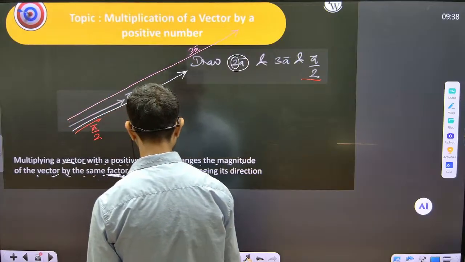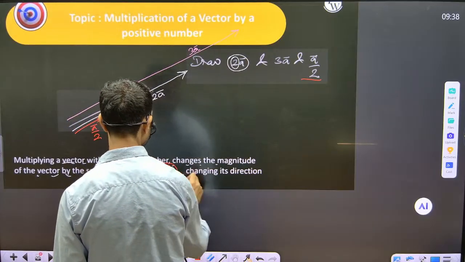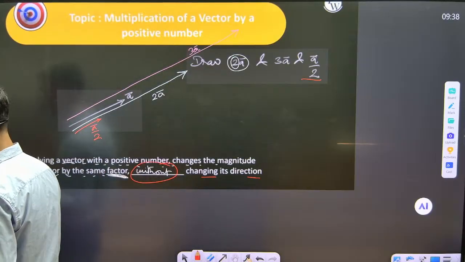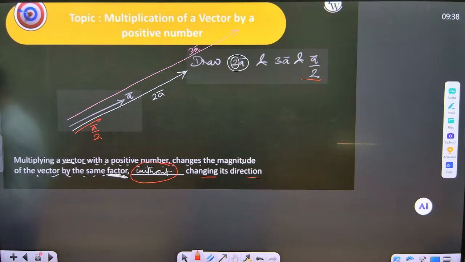So in all the cases, without changing the direction, that is important. Only the factor by which you multiply it changes.